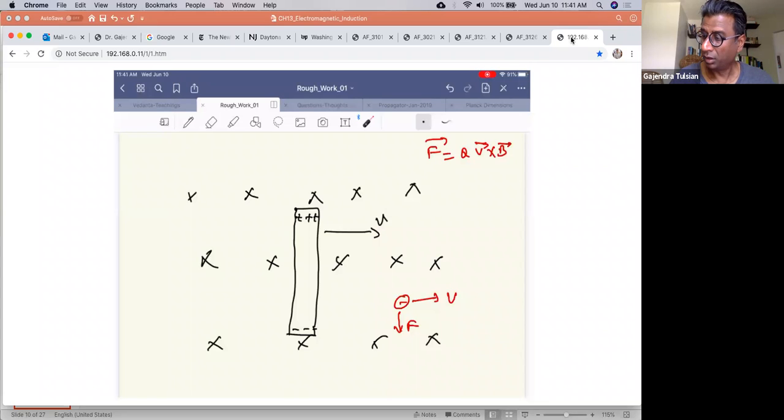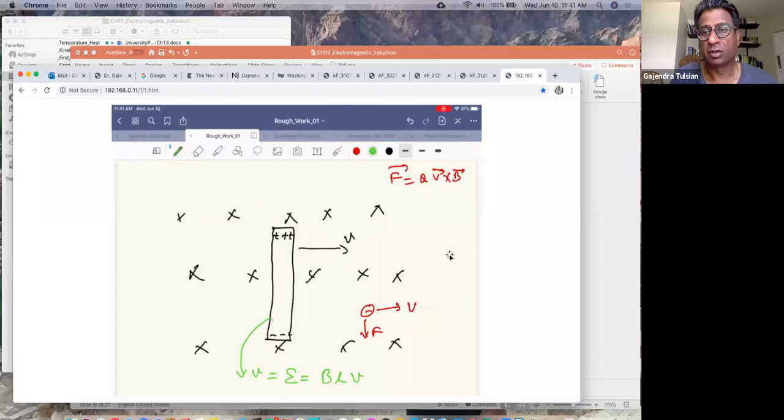This induces a voltage here, and this voltage or EMF is equal to the magnetic field times the length of the conductor times the velocity at which it's moved. So that is motional EMF.